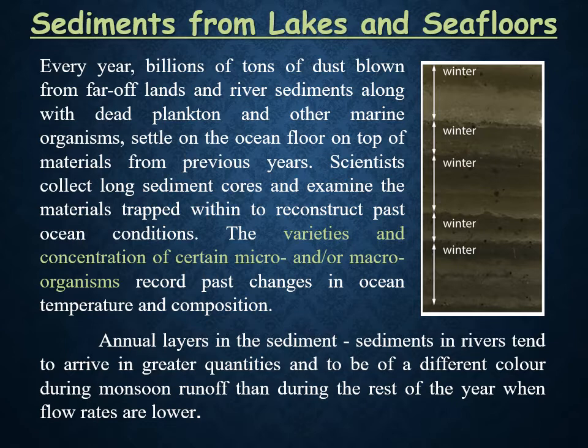Now, when the sediments are carried by rivers and deposited in a basin, they tend to show variation in sedimentary composition, sedimentary texture, etc. And this variation basically depends on the seasonal condition within a year.